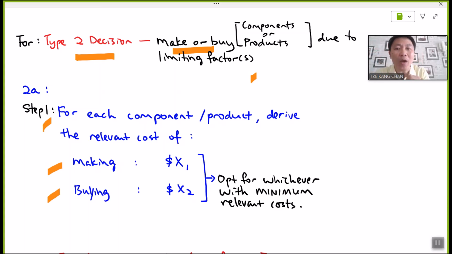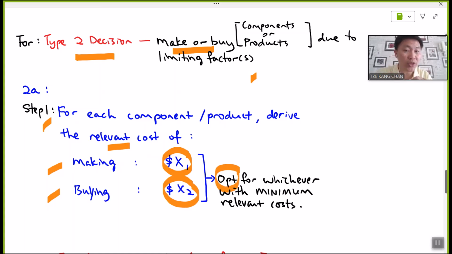To answer these questions, we need to come up with the relevant cost for each of the alternatives and make a comparison. Finally, choose whichever is the cheapest way of obtaining the component or the products.